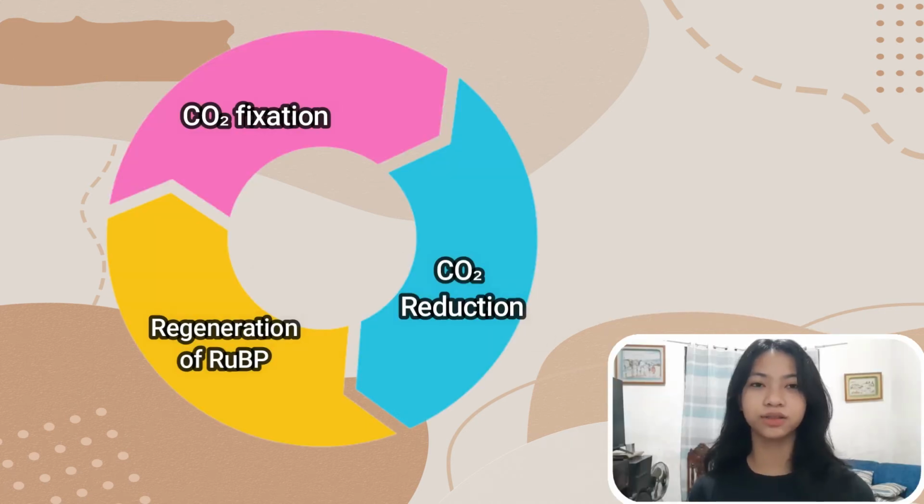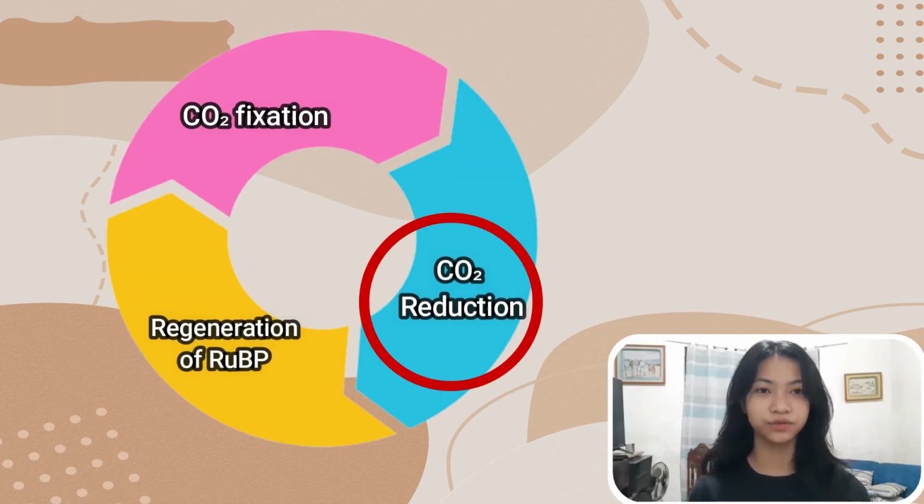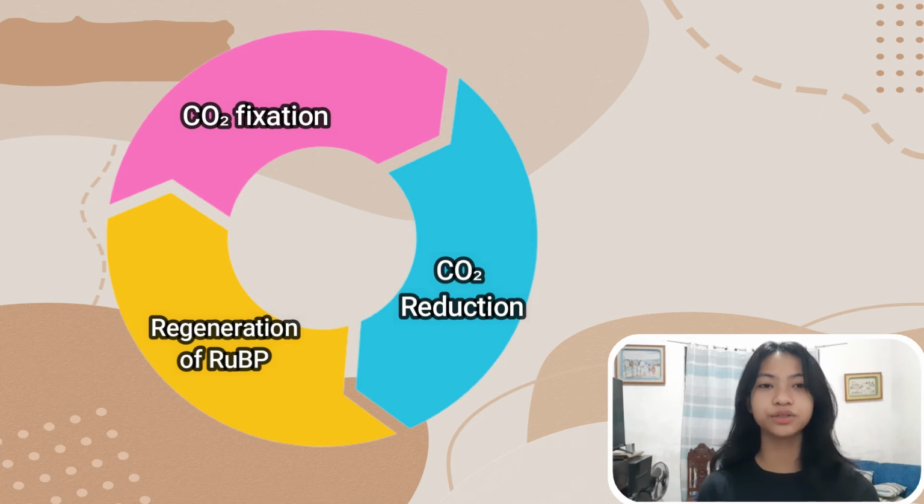This phase is called the carbon dioxide reduction phase because we're adding electrons and energy to the CO2 molecule. During this phase, a sequence of reactions uses NADPH and some of the ATP from the light reactions. These molecules supply the needed electrons and energy for CO2 reduction.